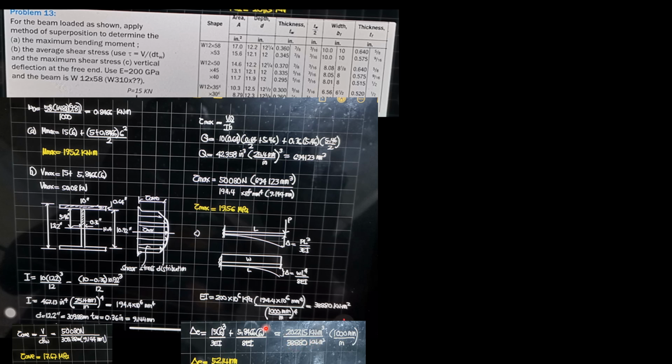The units in the numerator are kilonewtons times meter cube, so kilonewton meter cube. The denominator is EI, so kilonewton meter square. So that would be in meters. We convert meter to mm by multiplying by 1000 mm per meter. So the deflection at the free end is 52.14 mm.